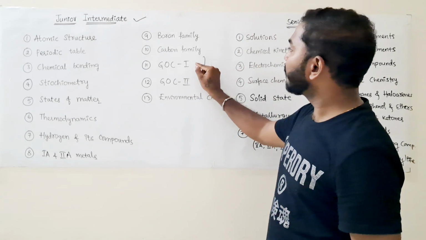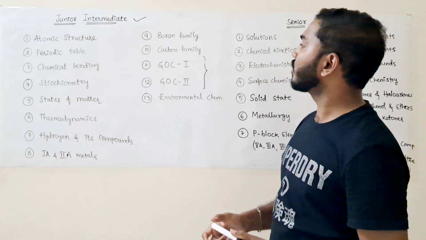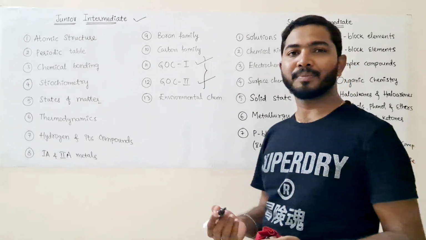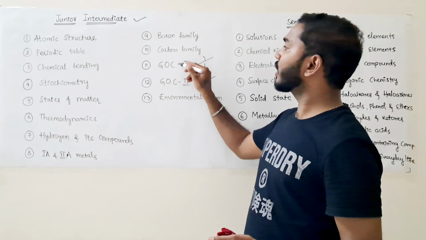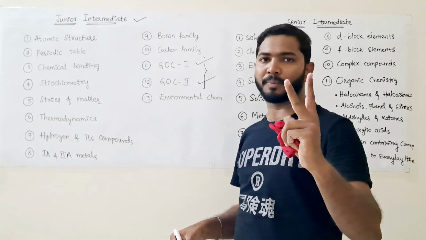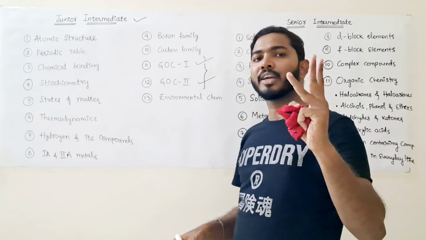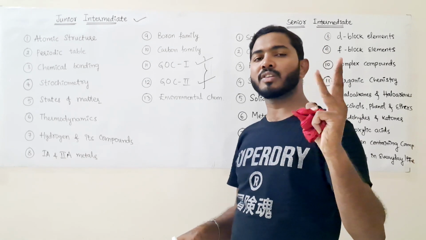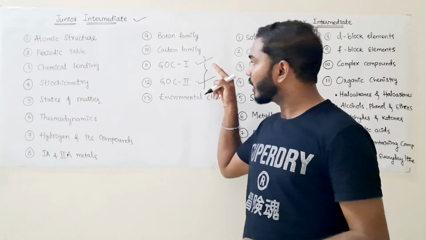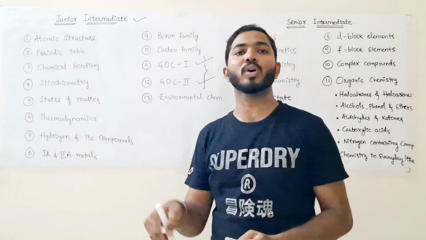So once we have more clarity on this GOC1, we can easily understand GOC2, because once we get clarity on IUPAC nomenclature, we can easily write isomerism. And once we have clarity about attacking reagents and types of organic reactions, we can easily discuss the hydrocarbon part.